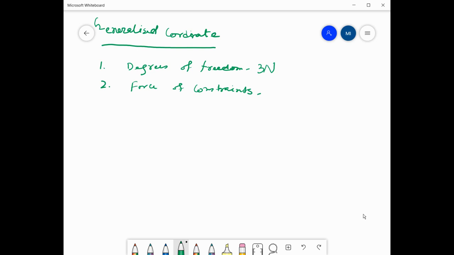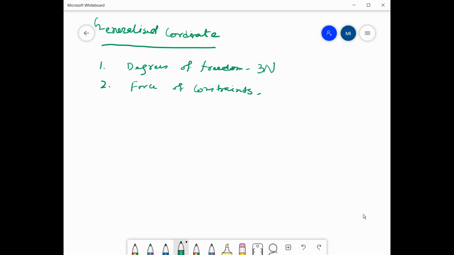What is that constraint? The length of the string from which the bob is oscillating is fixed. So one constraint condition reduces the degrees of freedom by one. So actually the degrees of freedom of the particle is one.